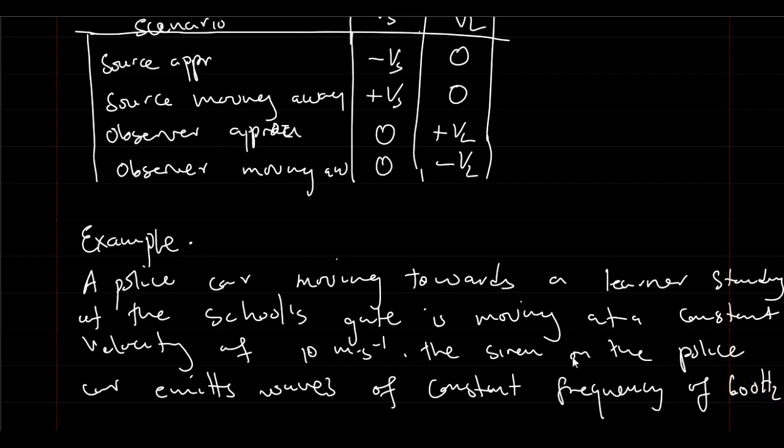Okay, so that is a statement. So now the police car moving towards Elena, standing at the school's gate, is moving at a constant velocity of 10 meters per second. The siren on the police car emits waves of constant frequency of 600 hertz.